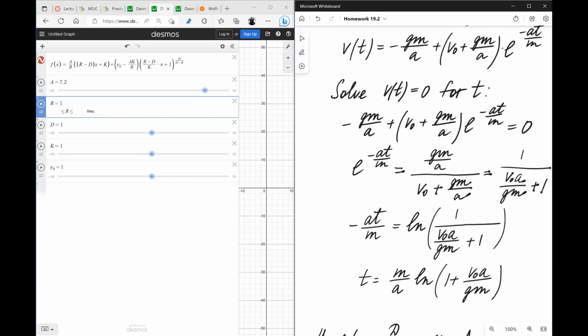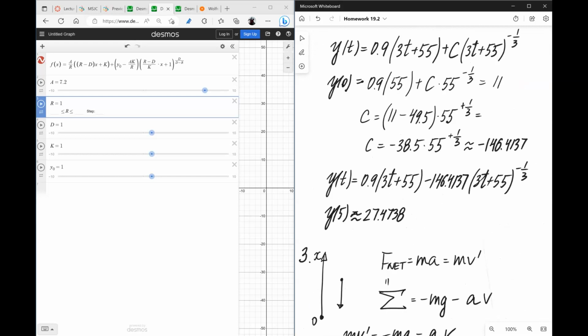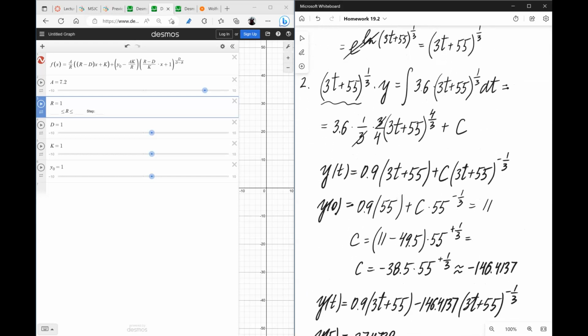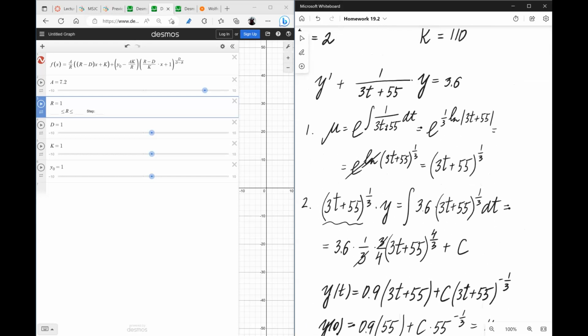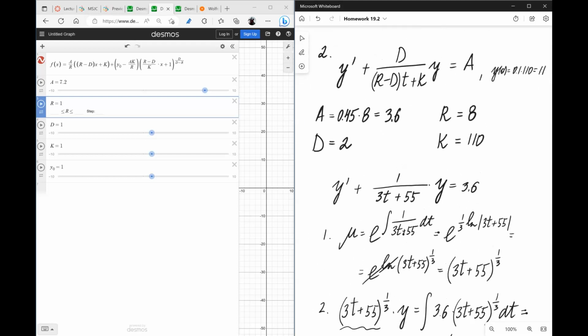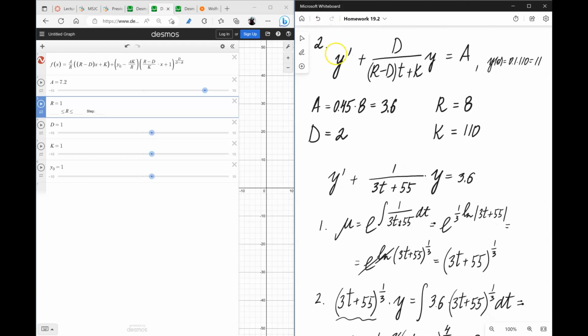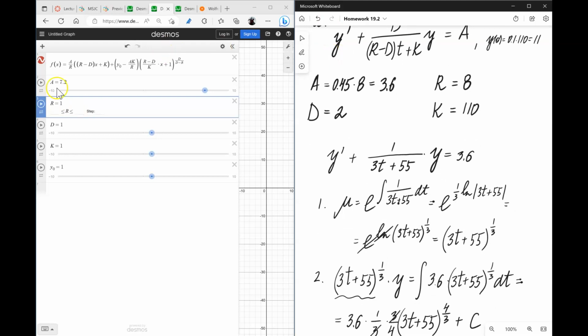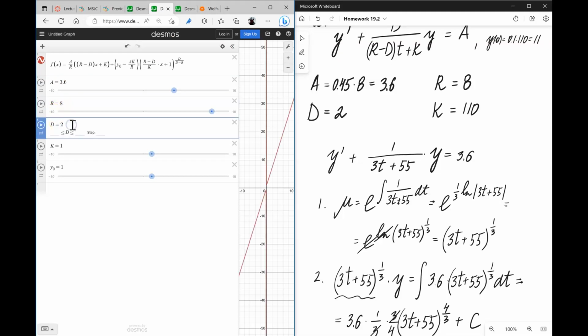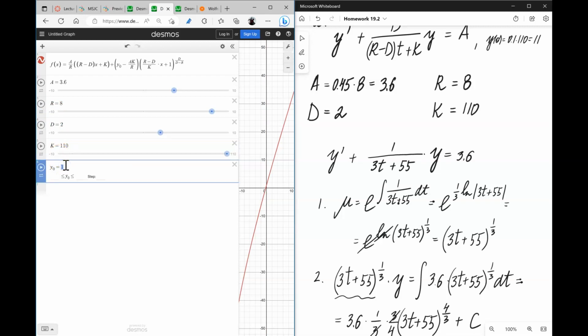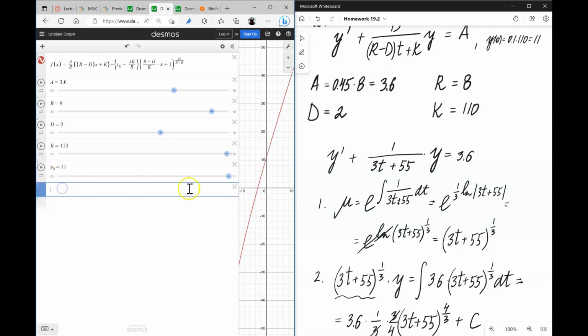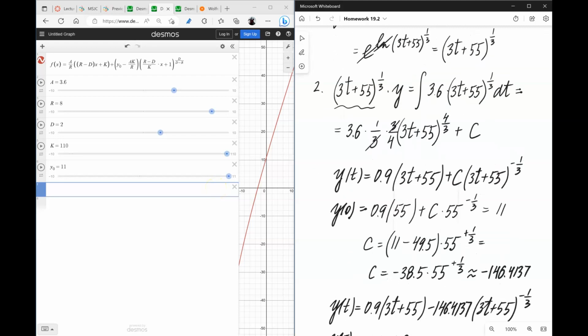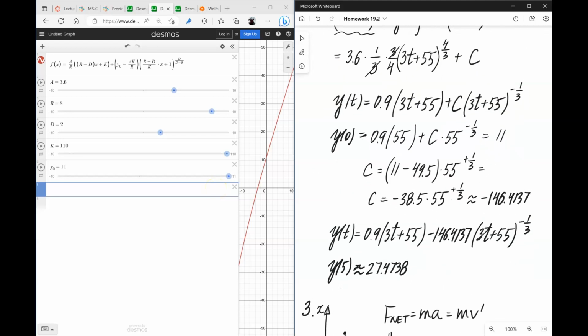Remember, we did this problem number 2. So I want to check whether we could have done problem number 2 with this. So let's see. If a is equal to 3.6, r is equal to 8, d is equal to 2, k is equal to 110, and y0 is 11, we're looking for f of 5.